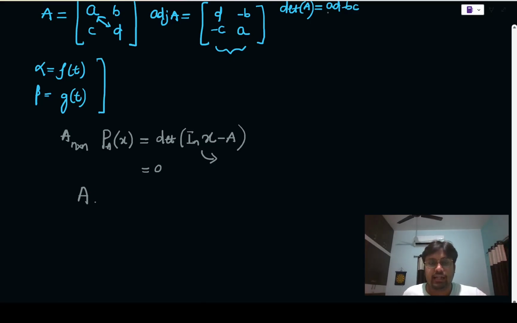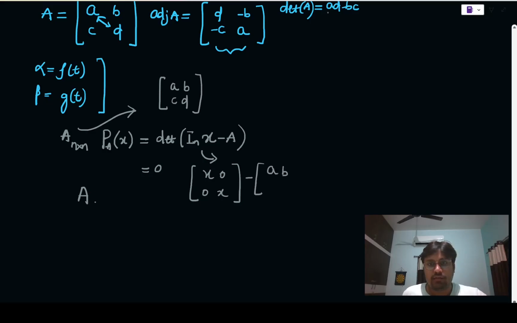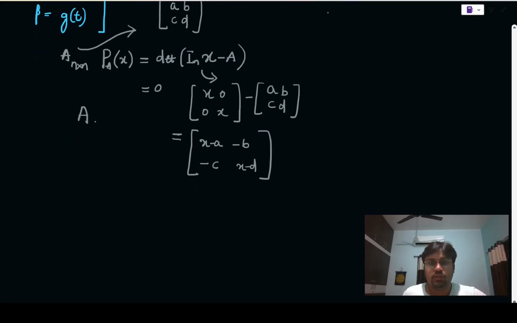So I times x would basically be x 0 0 x, and if let's say A was some matrix A, B, C and D, then we are subtracting this from it. This is just for completeness purpose. So I am looking at this new matrix, x minus A, minus B, minus C and x minus D, and I want to compute the determinant for this matrix.